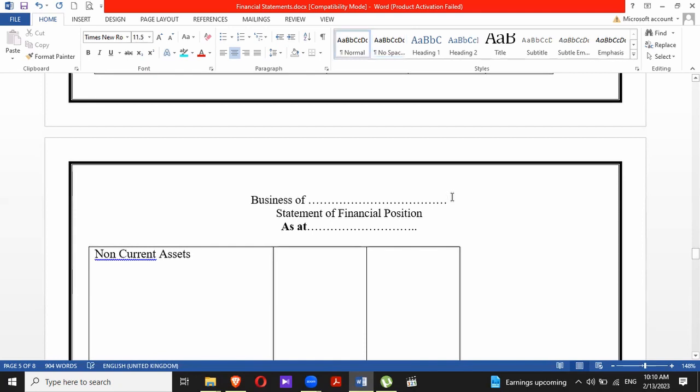Business of Madhava, or otherwise Madhava's business. Statement of financial position, assets, then the date, 31st March 2022. Right? Okay.